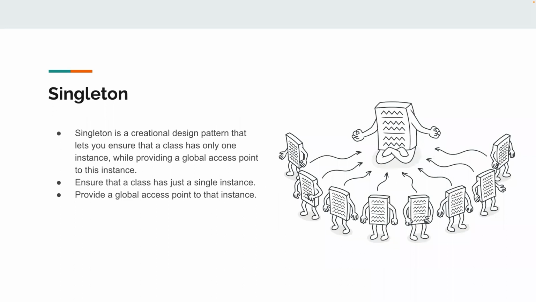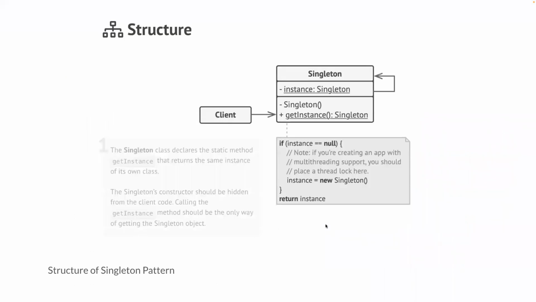So next slide. Singleton. Singleton is a creational design pattern that lets you ensure that a class has only one instance throughout your application, and you have to provide global access to this instance, right? Many times in our application, you don't want to create multiple objects of database connections or open files.